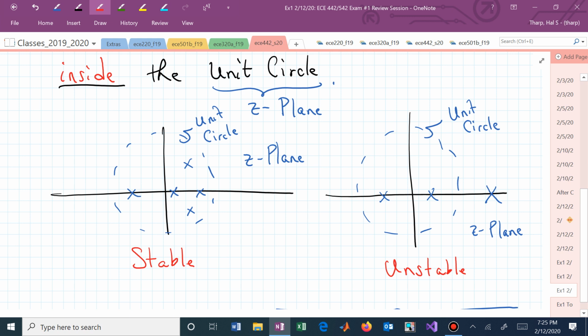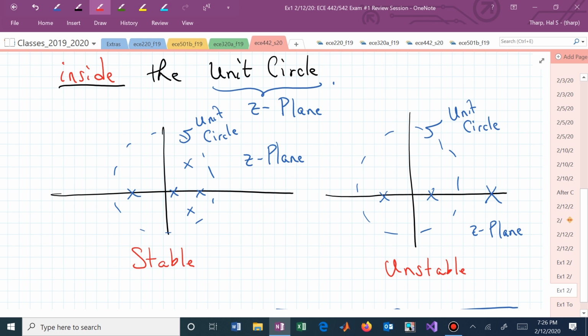So now when I say bounded input, bounded output, I just mean I put in a bounded sine wave or a bounded cosine wave. I shake the system with a bounded input. Is the output going to remain bounded? That's what I mean. Are all the waveforms in that system, or in the output, going to be bounded?